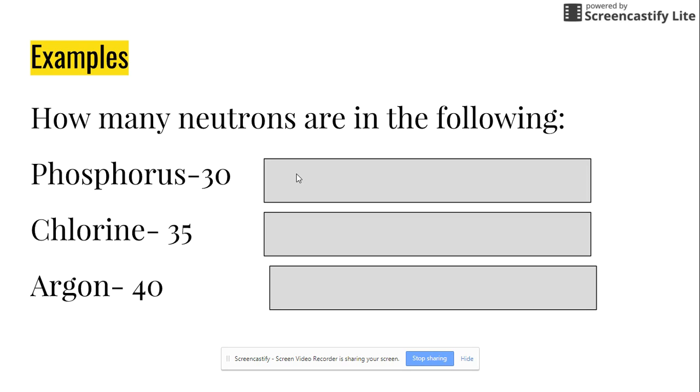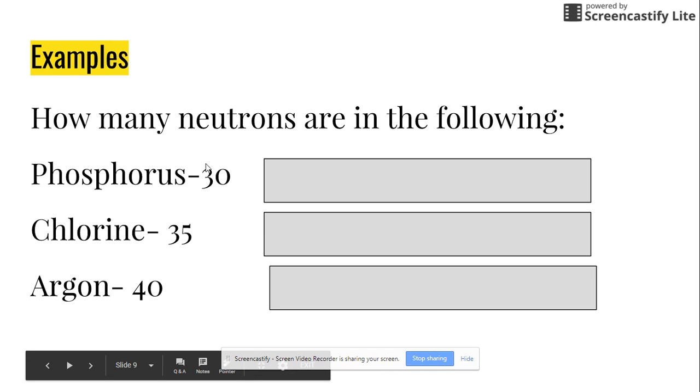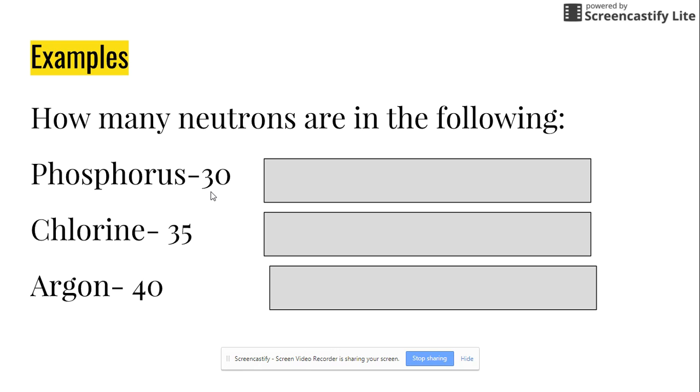All right, neutrons. Neutrons are the fun one, because that's where you have to do some addition or subtraction depending on the information they give you. So remember, neutrons is the mass minus the protons. The numbers out to the side of these isotopes are the mass. So phosphorus's mass in this case is 30, and its atomic number, which is the same thing as protons, is 15.